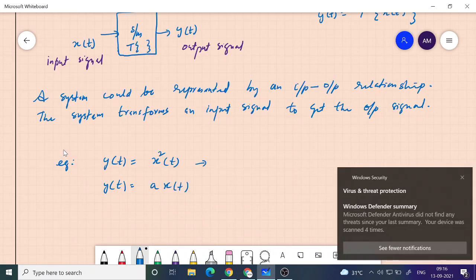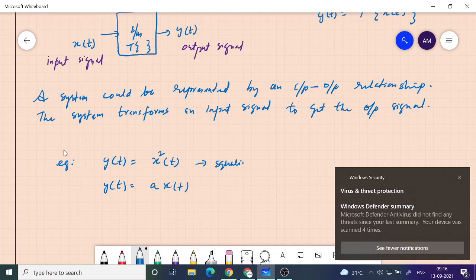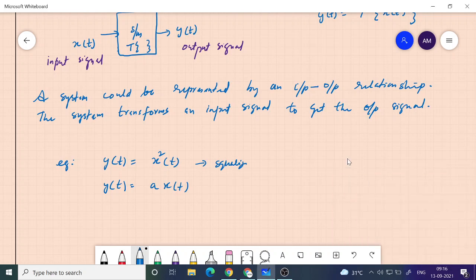So here it is squaring, and here it is an amplification. Another example: after amplification you add some DC level to it. If X is a voltage, you amplify the voltage, which means it is strengthened, and then you add some DC voltage to it.